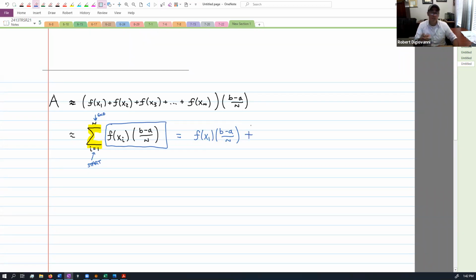The reason you put a plus is because sigma is the Greek capital letter S standing for sum. This is a shorthand notation for a sum. So I'm going to add to this. Now I let the index i change from 1 to 2, so I rewrite this expression in the box with a 2 for i.